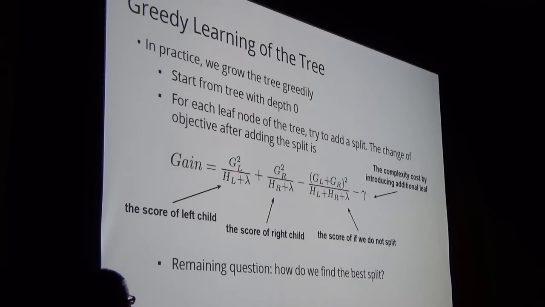Basically, this formula says that the gain is the score you can get on the left side, plus the score you can get on the right side, minus the score you can get if you don't split at all. There are several interesting things about this formula. For example, there's a complexity penalty here. This means that if the gain of your structure score is less than the gamma factor, it's better that you do not grow this leaf at all.